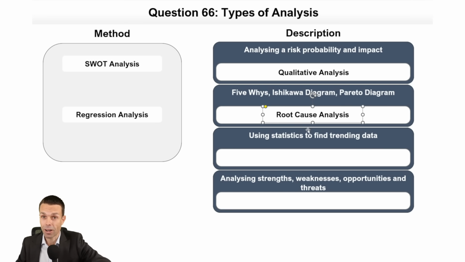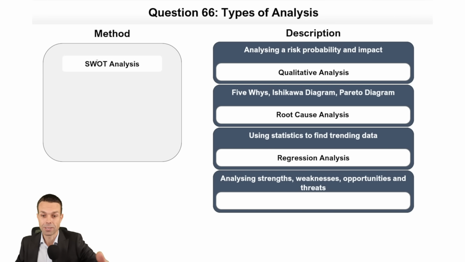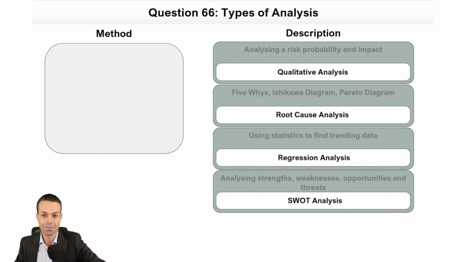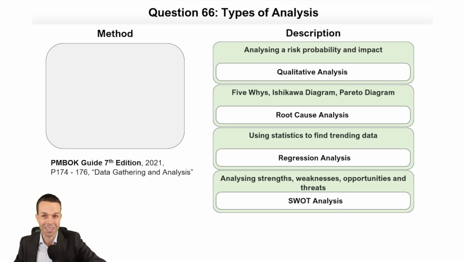Using statistics to find trending data, trends are regression. It's a regression to the mean. So it finds the trend over time. And analyzing strengths, weaknesses, opportunities, and threats, that's an acronym for SWOT, our SWOT analysis. Let's have a little check. And that one is correct. Wonderful.